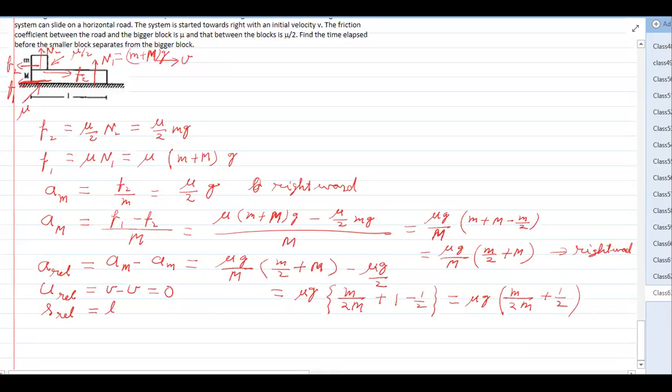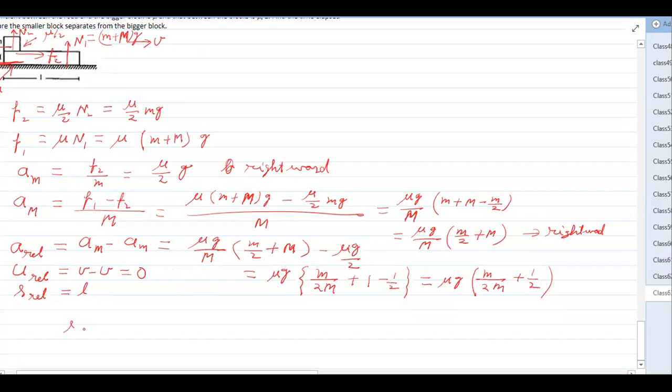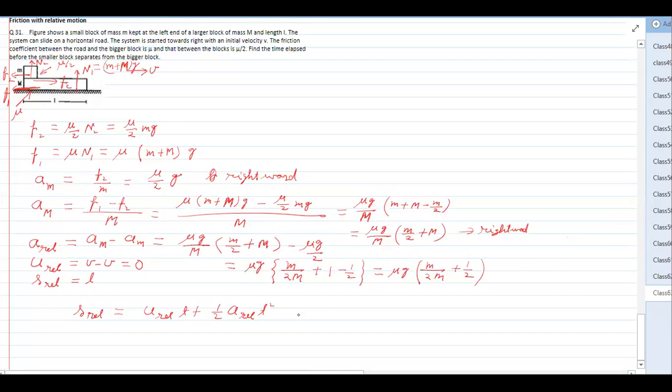If we have the relative acceleration, now we can put it in the equation: S relative equals u relative t plus half a relative t square. Putting in the values, S relative is L, u relative is 0, and we have half, mu g, into t square.